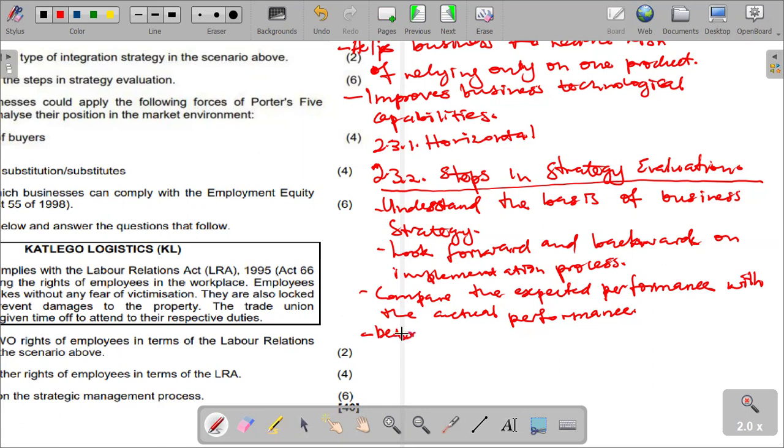Determine reasons for deviations. You need to identify the reasons for the deviations and analyze the reasons.